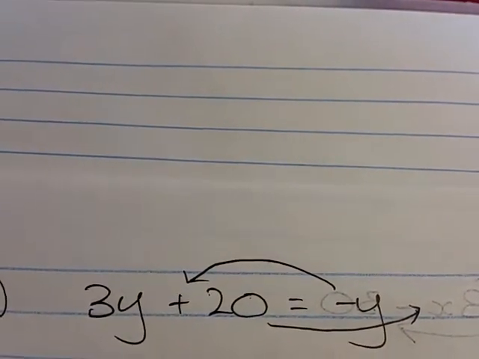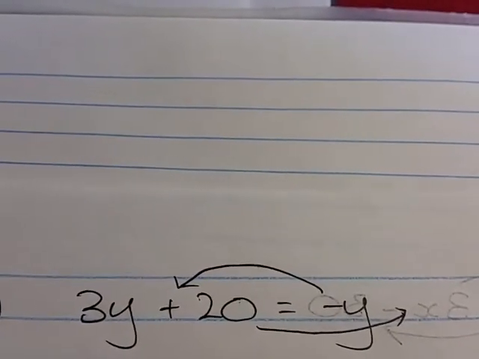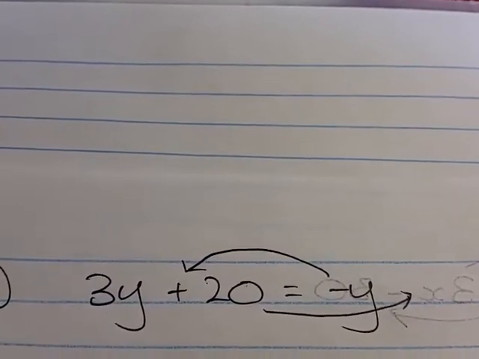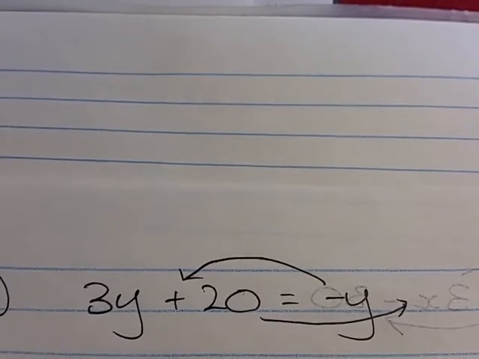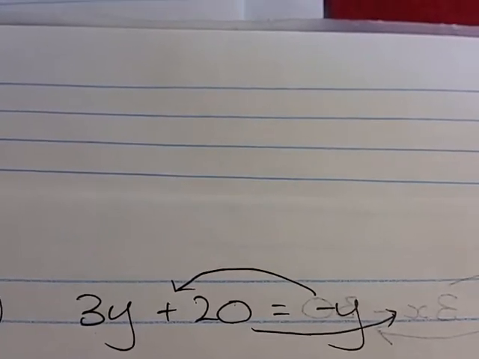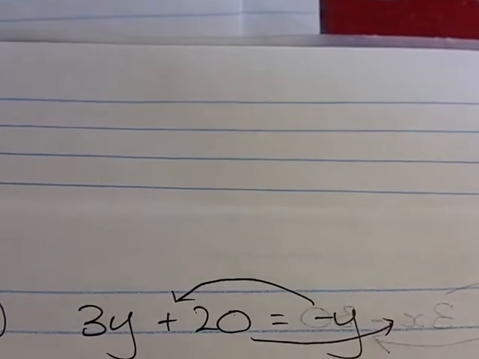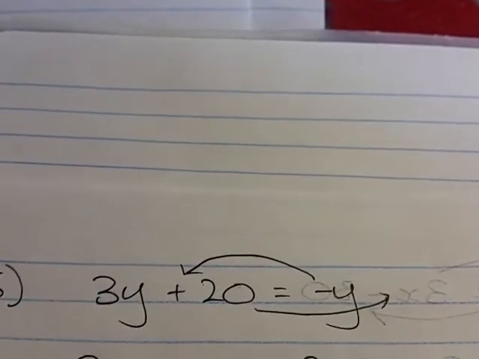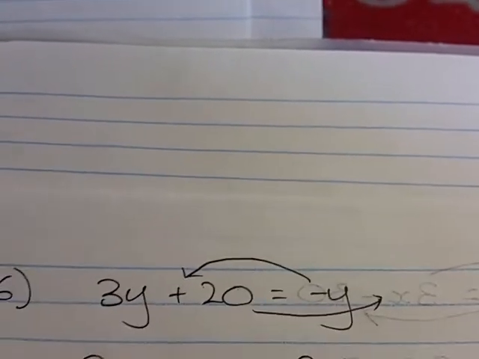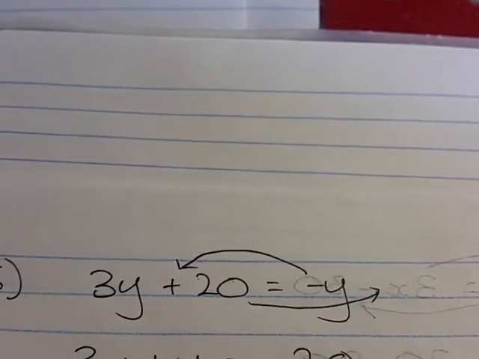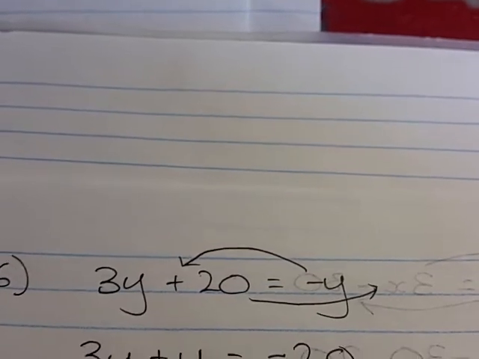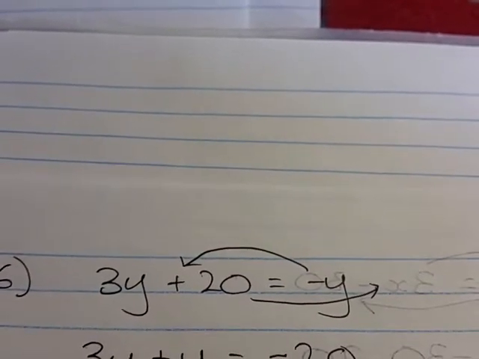3y plus 20 equals negative y by itself. So if you got caught off guard with nothing else on the right hand side of the negative y, remember that's why there are rules in place. That's why there are guidelines. Get those variables with each other.